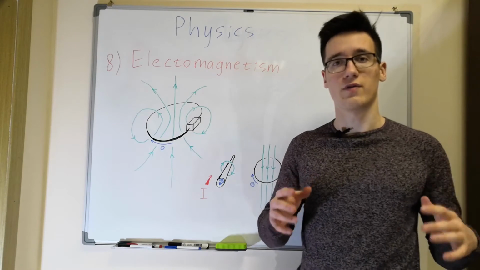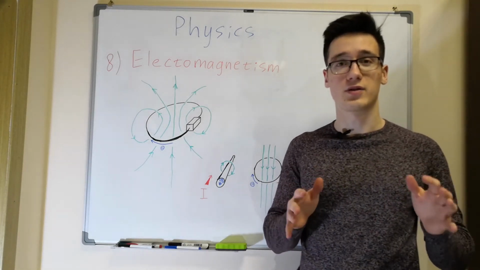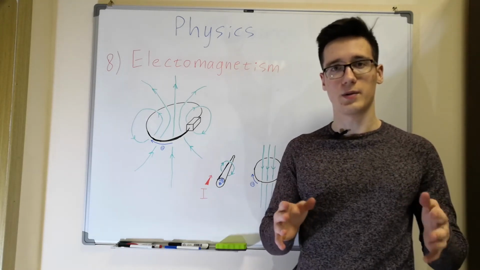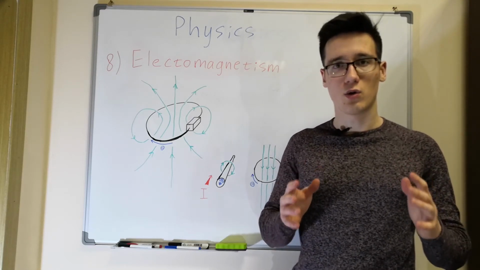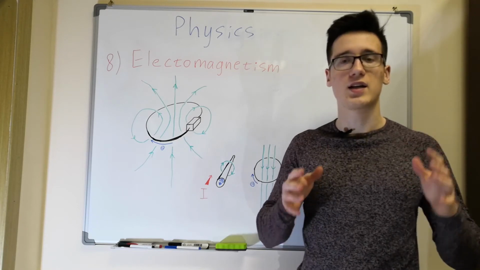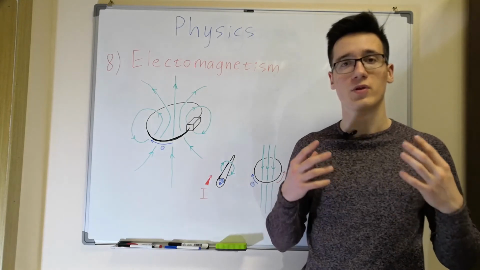Okay, now that we have talked about electric fields and magnetic fields, it is time to see how they are interconnected. So the concept is this: any moving charge will always generate magnetic field around it, and any changing magnetic field will generate the movement of charge.